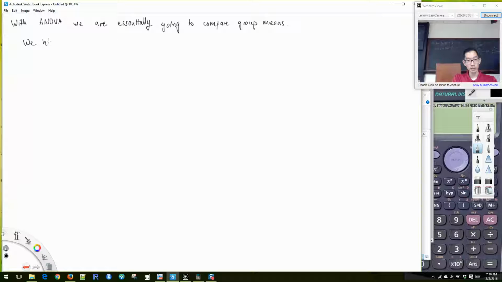We have already learned how to compare two group means with t-tests and confidence intervals.